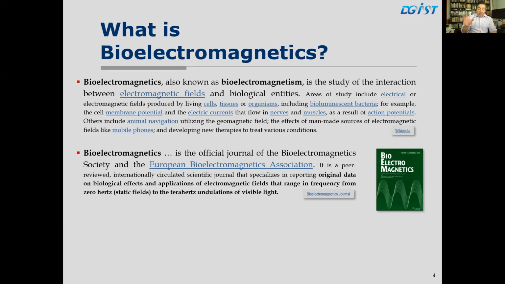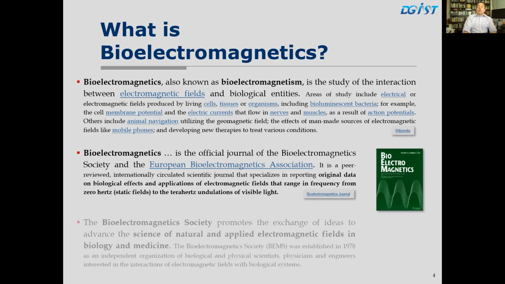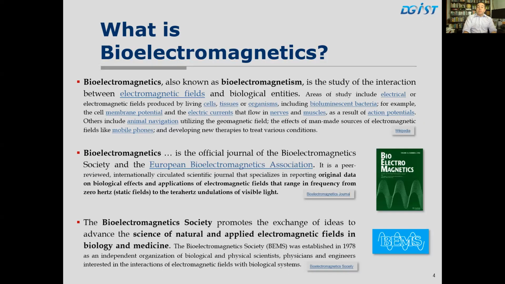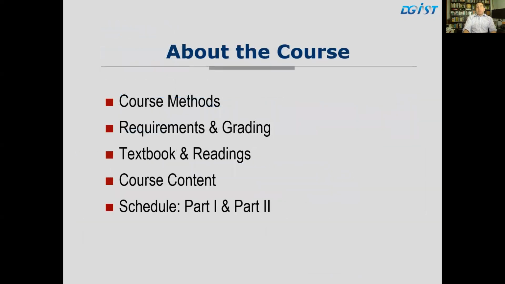And of course, there is X-rays and gamma rays, which we'll also talk about in this course. So the Bioelectromagnetic Society promotes the exchange of ideas to advance the science of natural and applied bioelectromagnetic fields in biology and medicine. So this is fairly well established.